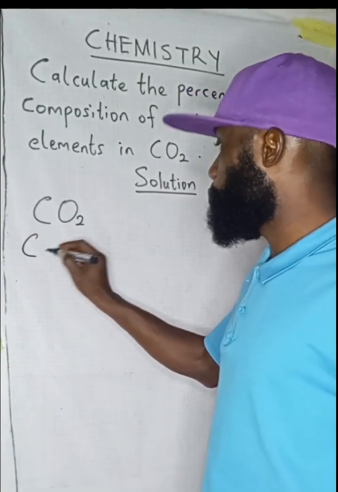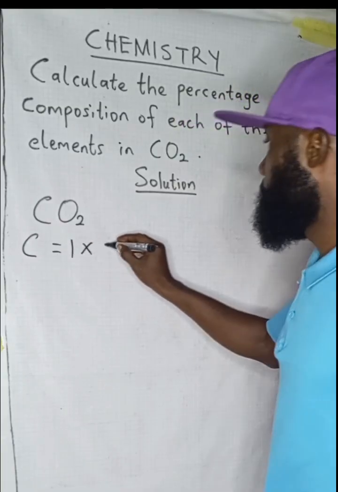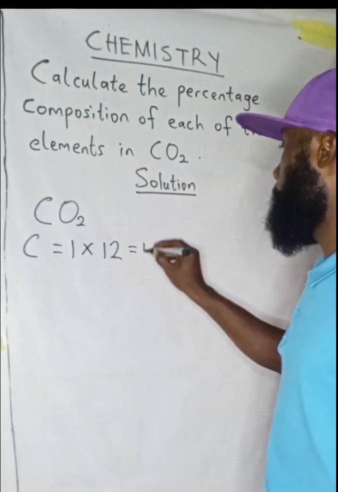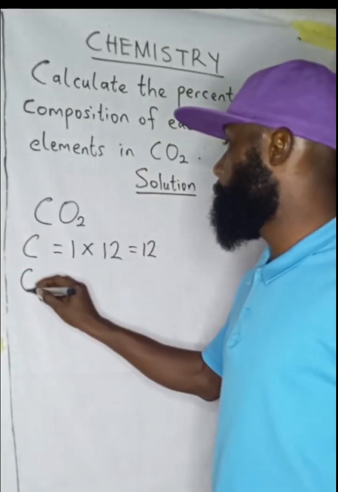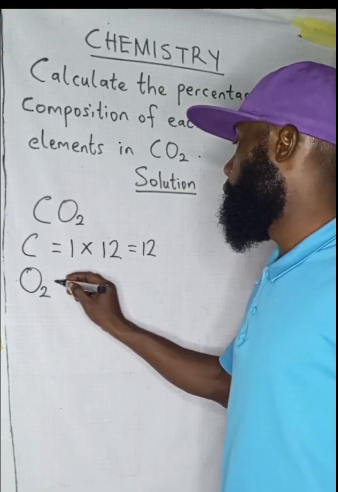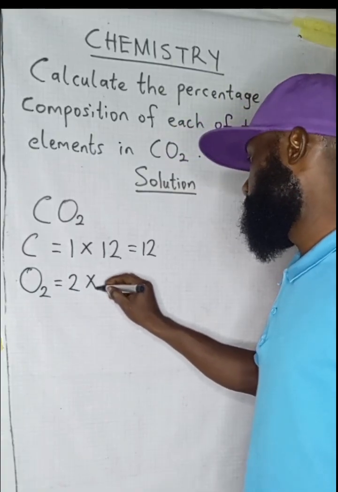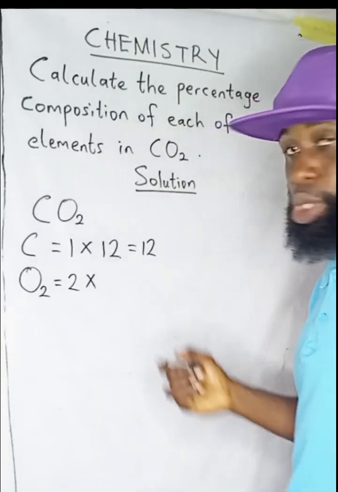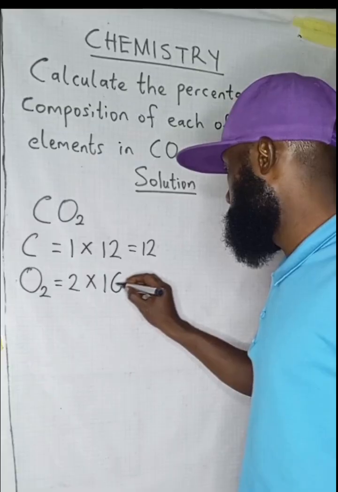For carbon, we have one atom here times the relative atomic mass of carbon, which is 12. So we have 12 as the relative atomic mass of carbon. And we have oxygen here. We have two atoms, so we have 2 times the relative atomic mass of oxygen, which is 16.